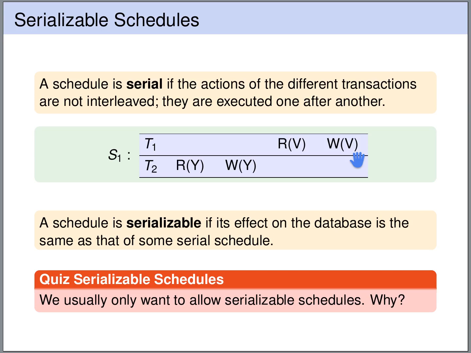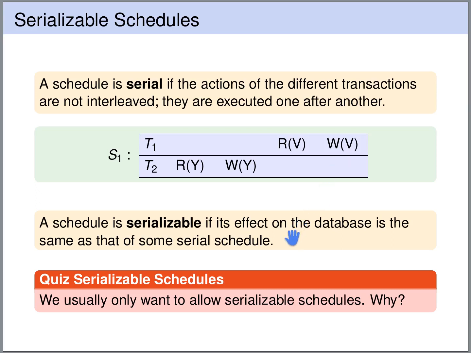The reason is that if a schedule is serial, then it really is as if we are executing transactions in isolation, as if one user operates after the next, but they are not interacting in parallel. The actions are not interleaved.